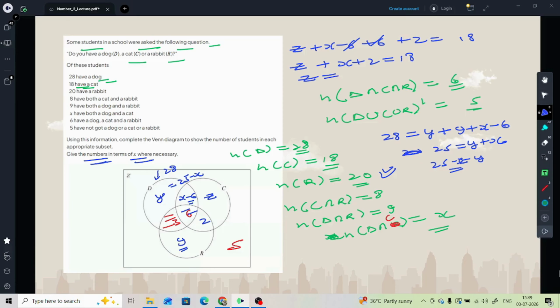That means z equals 16 minus x. So like that you can write the things up very easily. I think you must have got it. Yes or no? Things are very easy to understand over there.